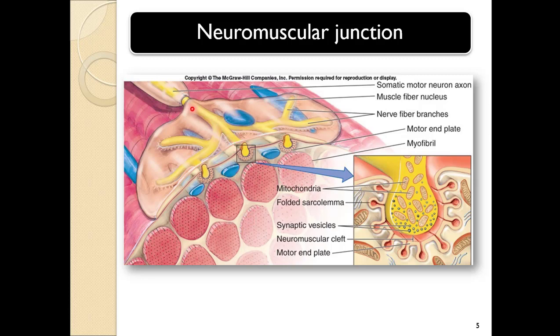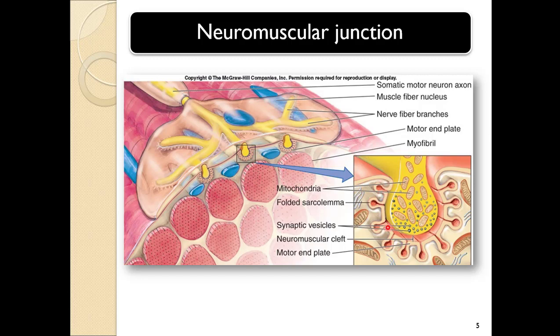Within the end plate, the neuron spreads out over the cell surface of the muscle a little bit. Basically, this is to give a wider area to dump acetylcholine. Down here we can see the cell surface of the muscle, the sarcolemma, which turns and goes underneath these areas where the neurons are.